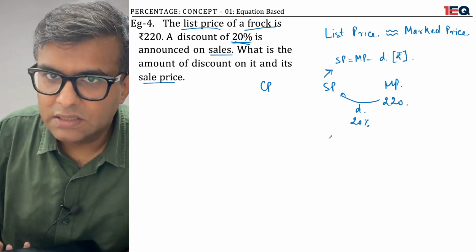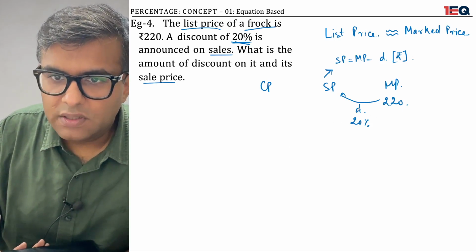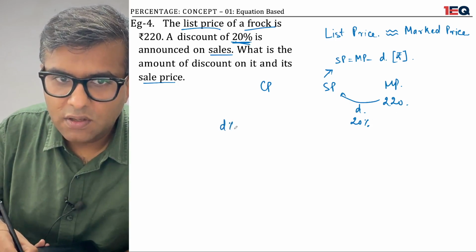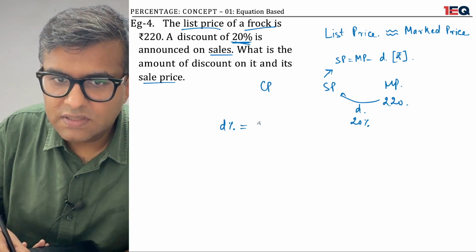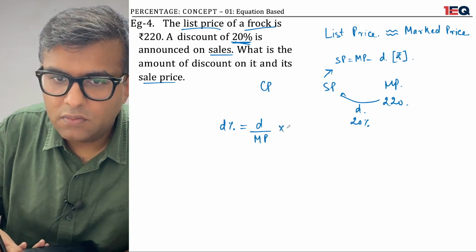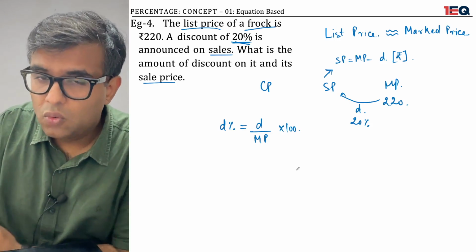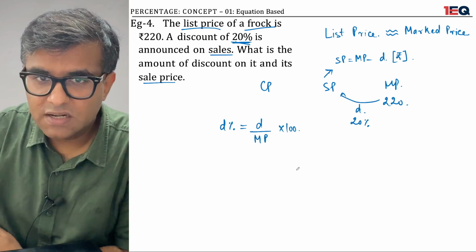The discount percentage is 20%, and whenever the discount percentage needs to be converted to discount, we have discount upon MP into 100. I'm using the formulas for those students who don't understand where things are coming from.